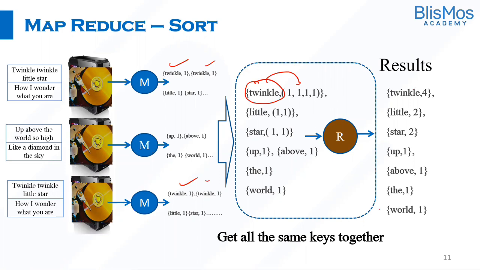Get all the same keys together so that the job of the reducer is easy, to reduce values based on the keys. That is what is done by the sort. Wonderful. We understood how the partition works, what shuffle is doing, and what sort is doing. Thank you.